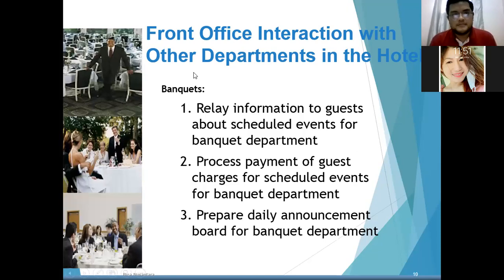Banquets. Banquets, these are function rooms, usually sold by the sales and marketing department. Relay information to guests about scheduled events for banquet departments. Sometimes the banquet department will use the banquet hall or ballrooms or seminar hall for events.